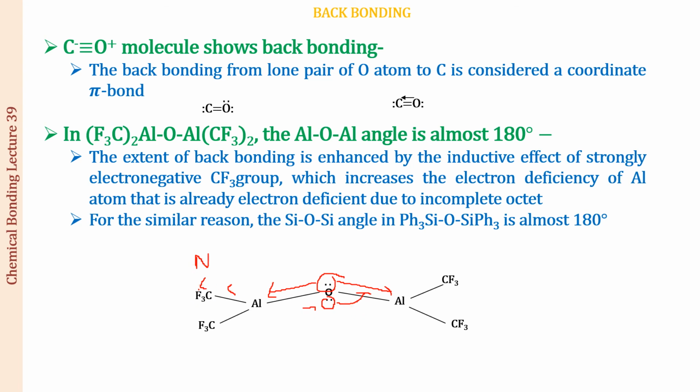We have two back bonds being formed by oxygen as a special case in this molecule because of the extreme withdrawing effect of the CF3 group.